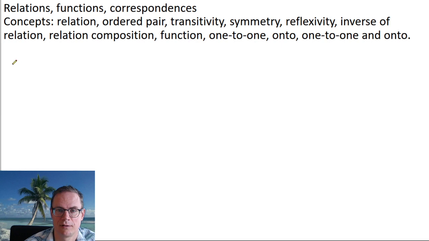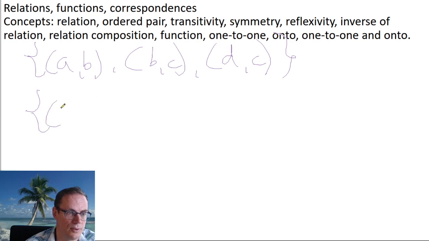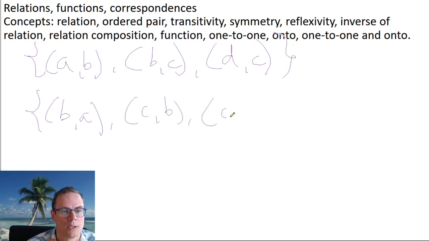Okay, then we have the inverse of a relation. If we have the relation of being a daughter of, and A is the daughter of B, and B is the daughter of C, and D is a daughter of C, then the inverse is simply that same relation with the members of each ordered pair reversed. So it would then become BA, CB, and CD.